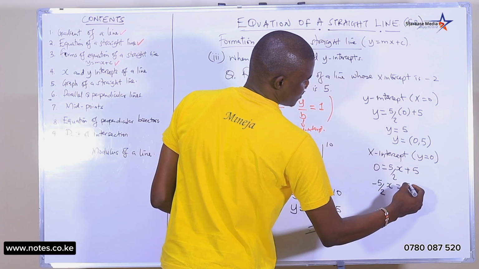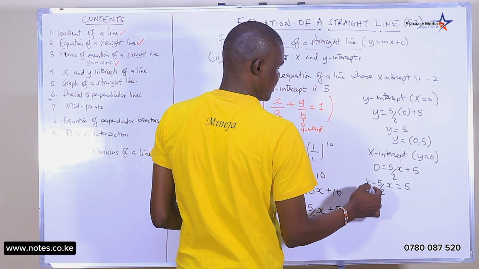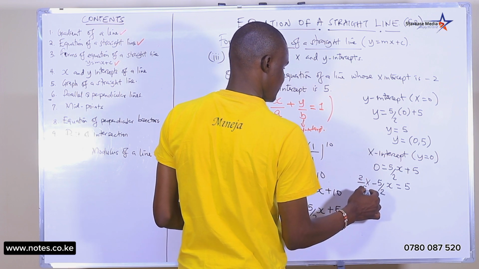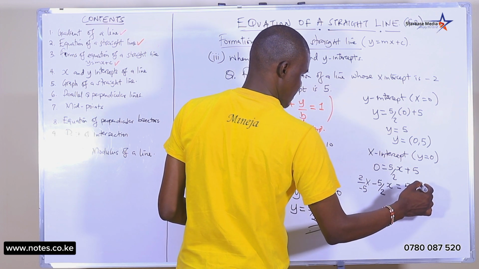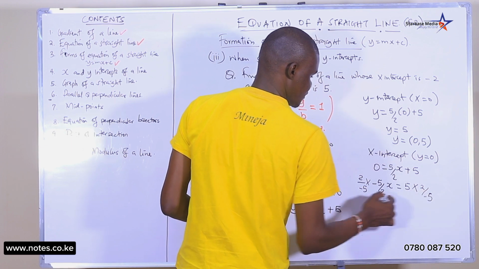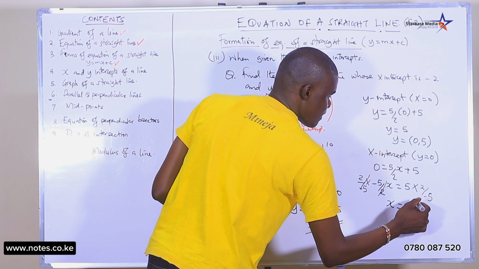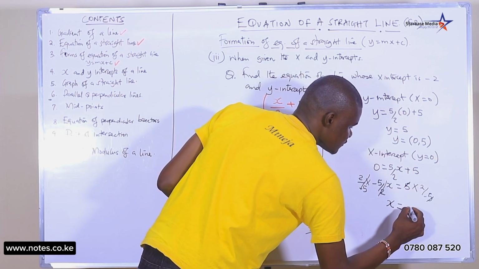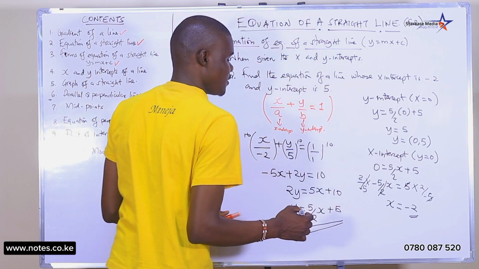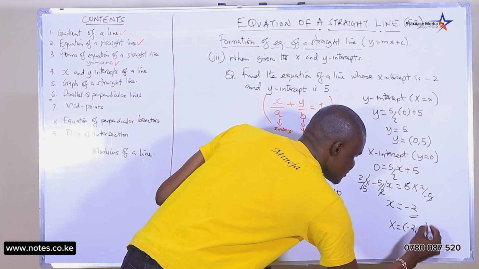Then you multiply by the reciprocal, which is 2 over -5, times 2 over -5. So this will cancel this. So x will be -2. Then when you ask for the coordinate, you say -2, 0.